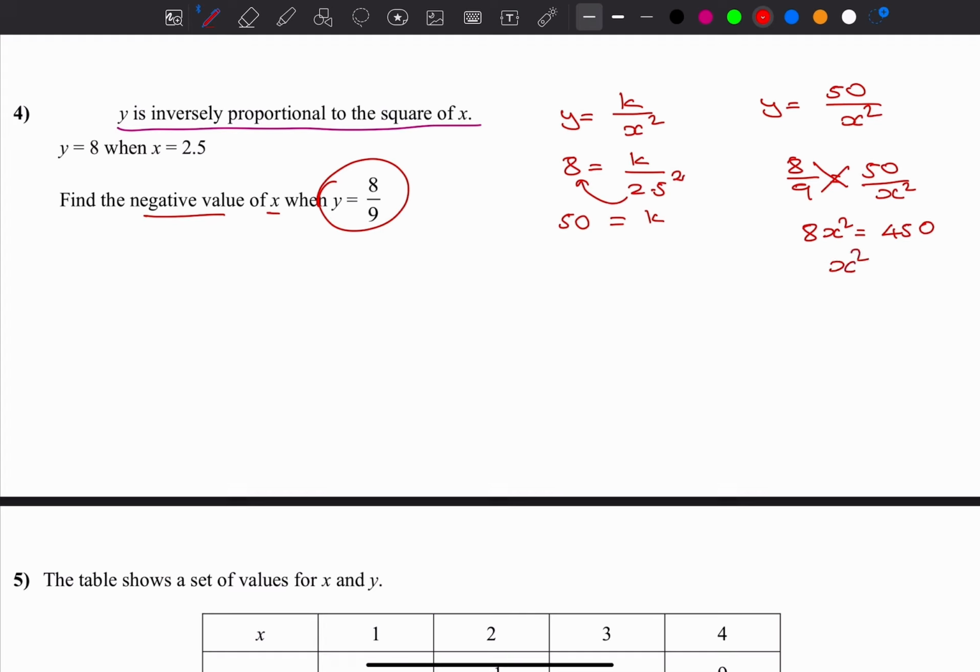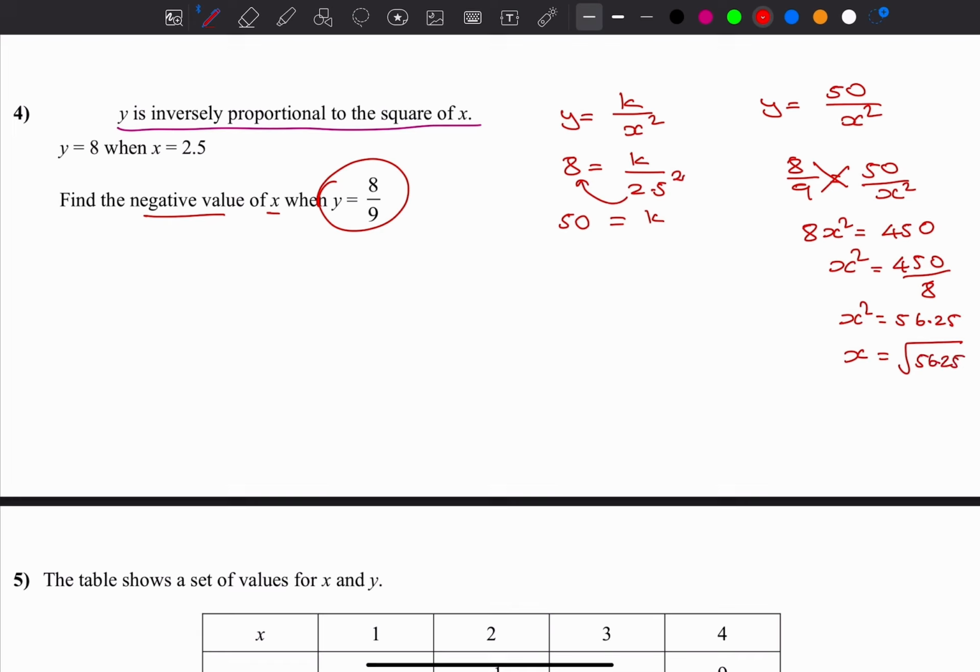X squared is going to be 450 divided by 8, which is still going to be a decimal answer, 56.25. Then x is going to be the square root of 56.25.